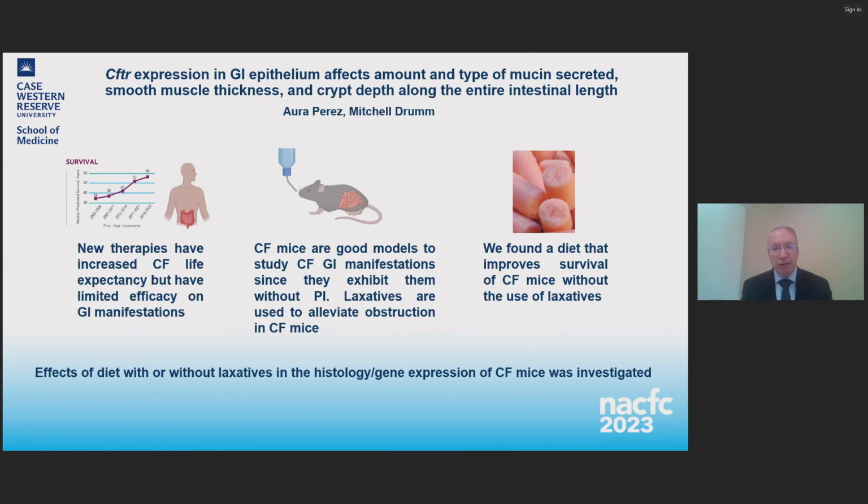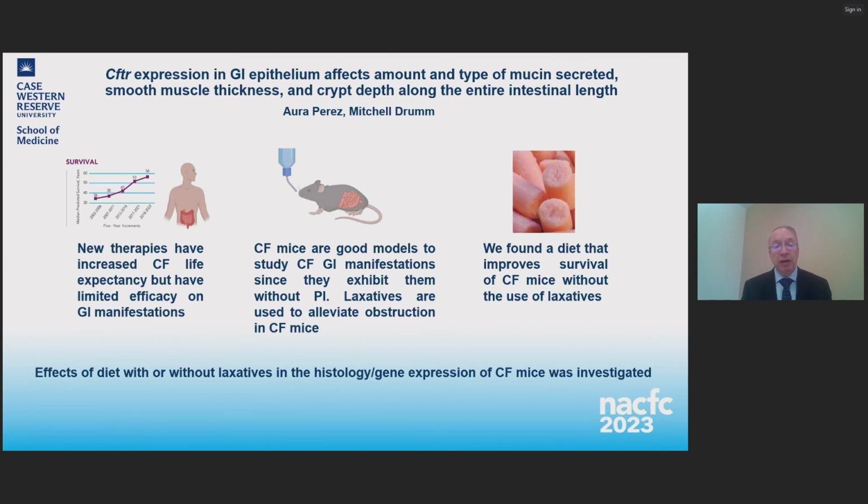And it's the role of CFTR in the small intestine and the impact on epithelium and gene expression. We know that obviously the new therapies, we don't know enough about the gastrointestinal manifestations. And the CF mouse model is a great model over many, many years to look at the GI manifestations.